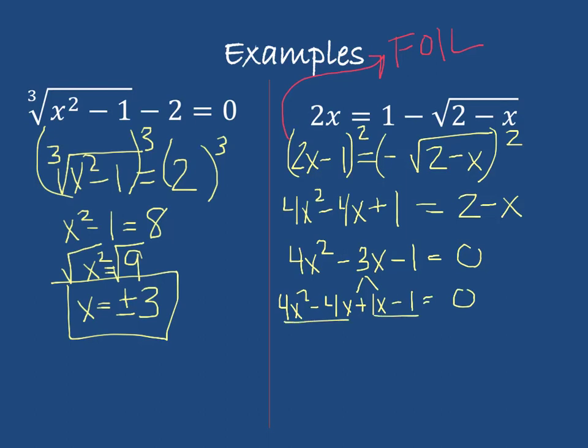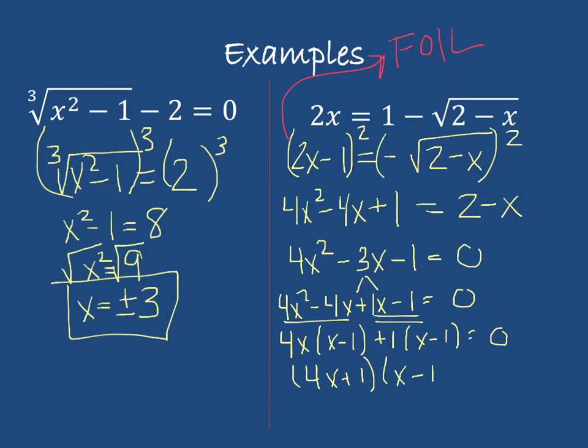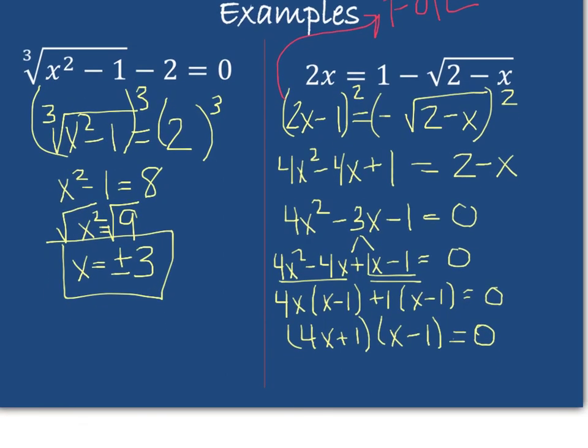Then I factor by grouping. I take a 4x out, I get x minus 1. Take a positive 1 out, I get x minus 1. So I'm going to get 4x plus 1 times x minus 1 equals 0. So my final answer is going to be x equals negative 1/4 and x equals 1.